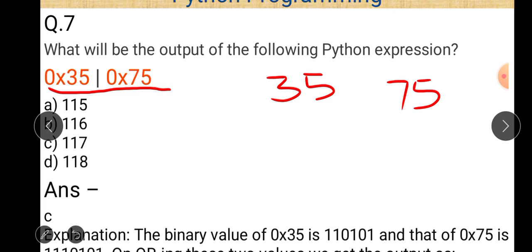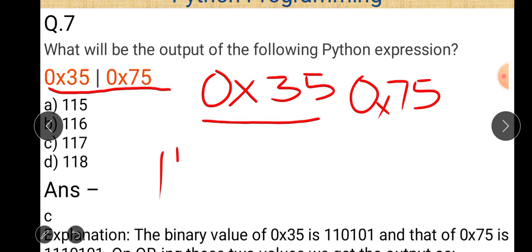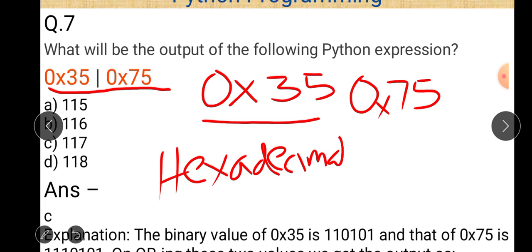Before each number there is a prefix 0x. What is the meaning of this? This means that this is a hexadecimal number, or hexadecimal representation.